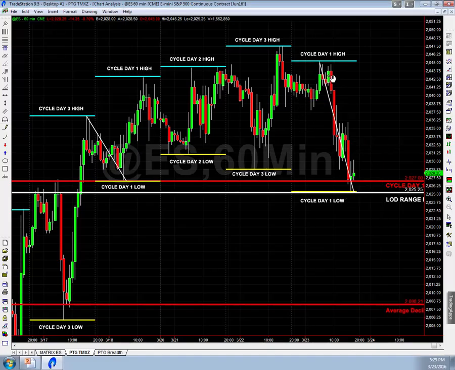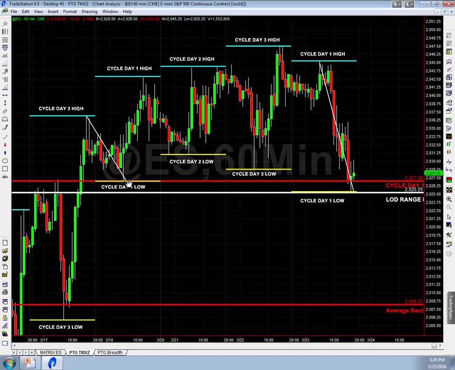We had expected a decline, we got a full decline. The cycle day 1 over here, we expect a decline, but it was shorter than the average decline that would be experienced on cycle day 1. What does that mean? It means that this is a powerful cycle, and we should be expecting even higher prices to continue.